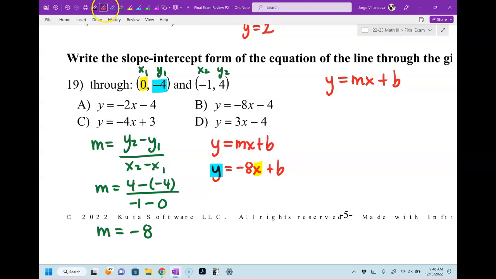Okay? So -4 is equal to -8 times 0 plus b. But this cancels, so it's just -4 is equal to b. Now that I have m and b, I can just plug it into that equation that I wrote in the very beginning, and I'm done. So y is equal to -8x minus 4, which would be b.